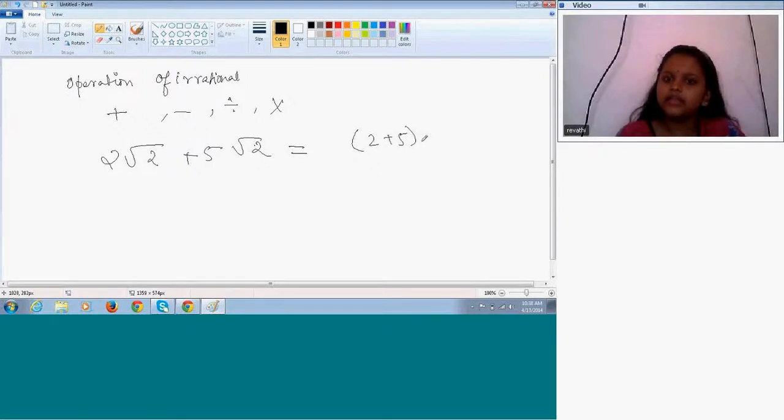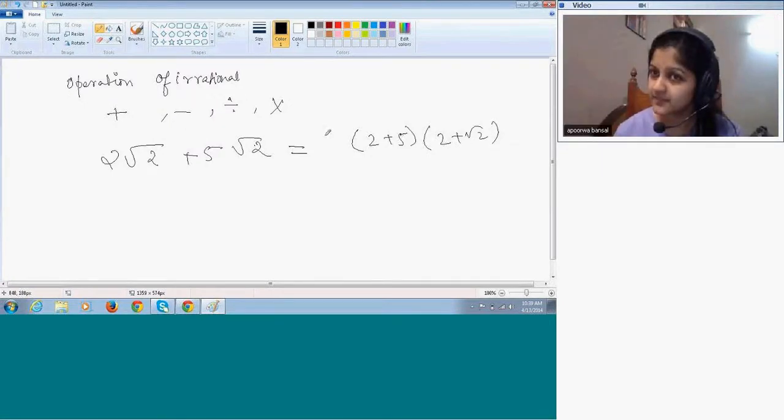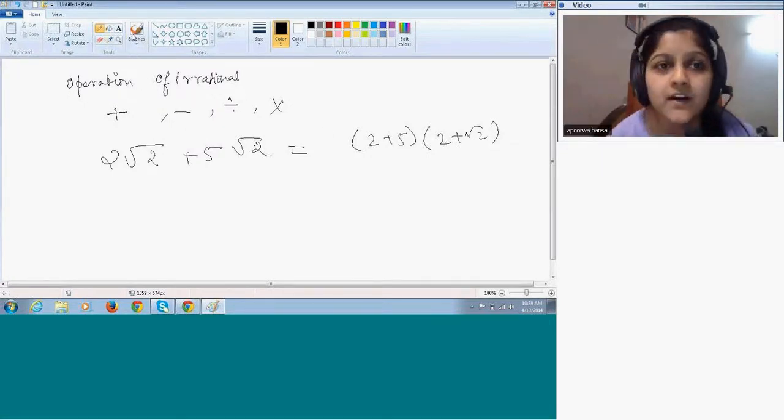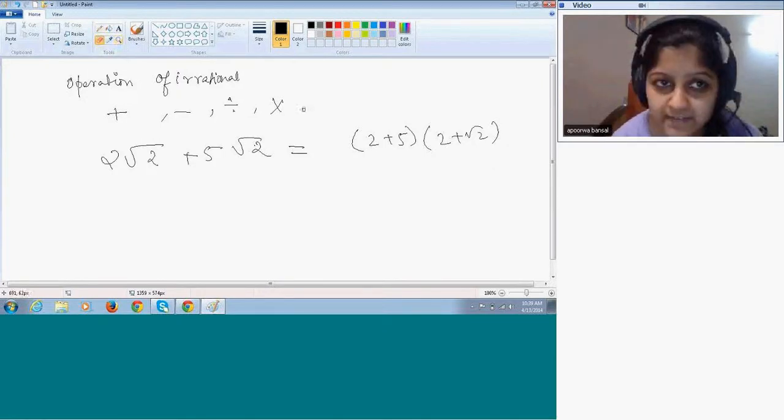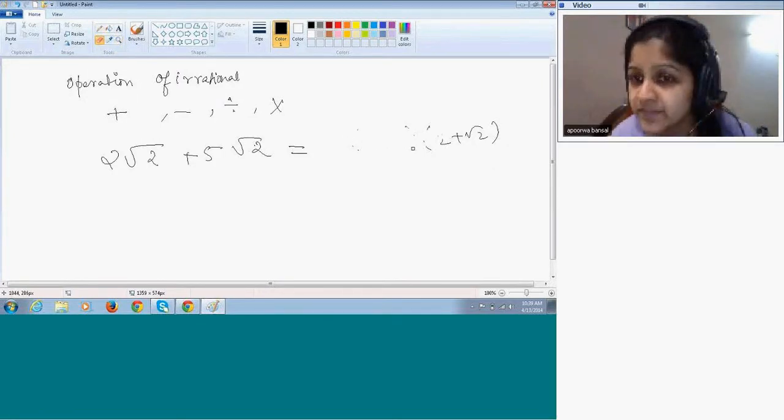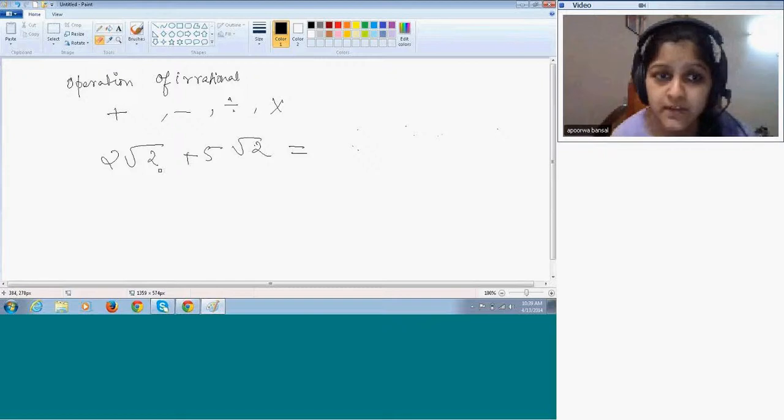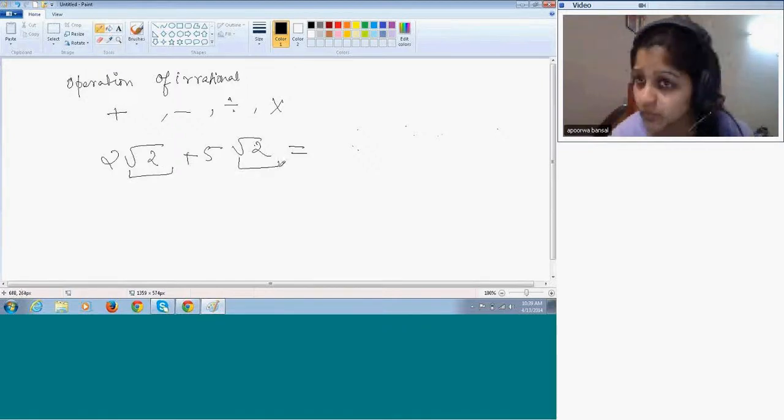No, not like this. Whenever we are going with irrational numbers, Monica, what do we have in our roots? Having root 2 and root 2. So what we need to do, we are taking root 2 common.